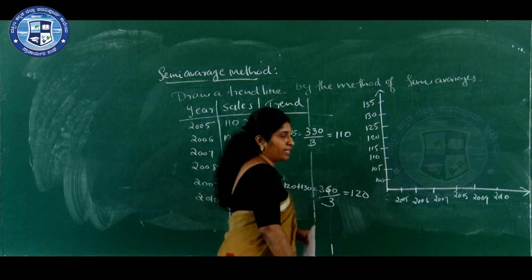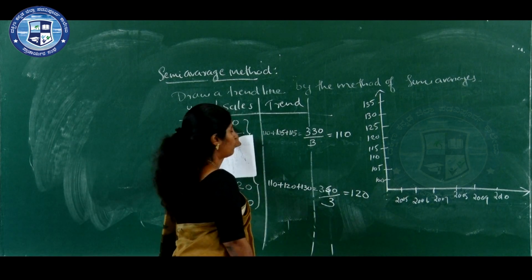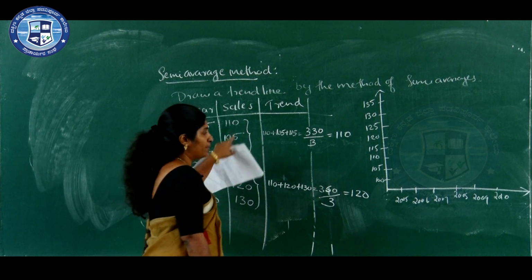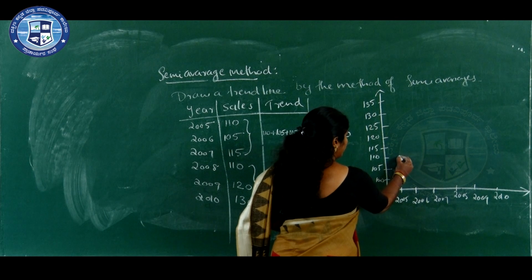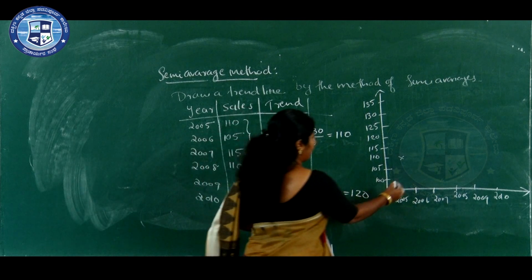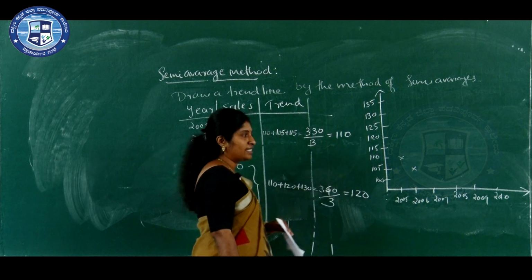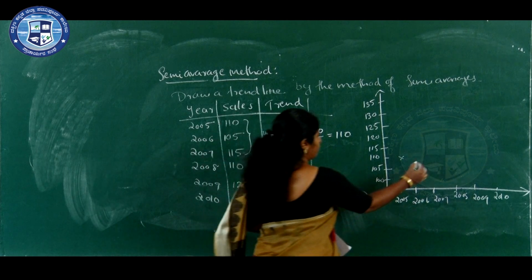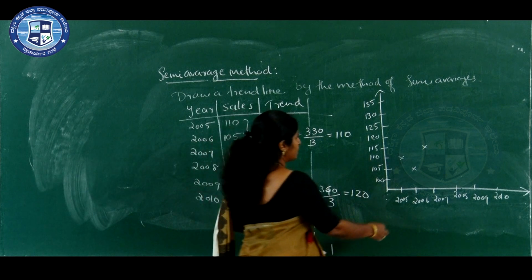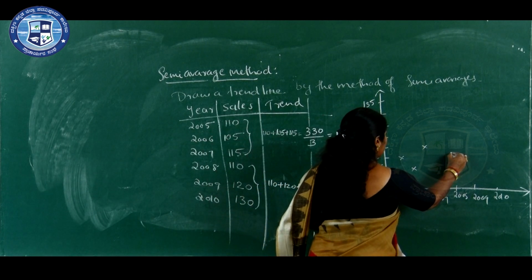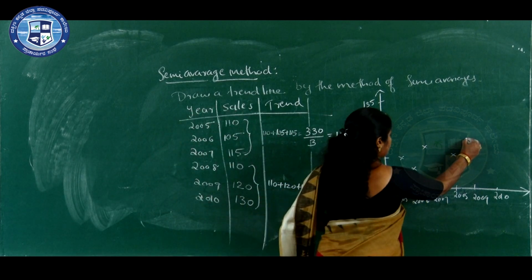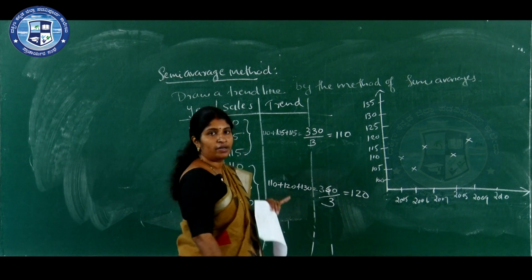First you have to plot the original data. 2005 corresponding value is 110. Next is 2006, value 105. Next 2007 is 115. Then 2008 is 110. Then 2009 is 120. Then 2010 is 130.